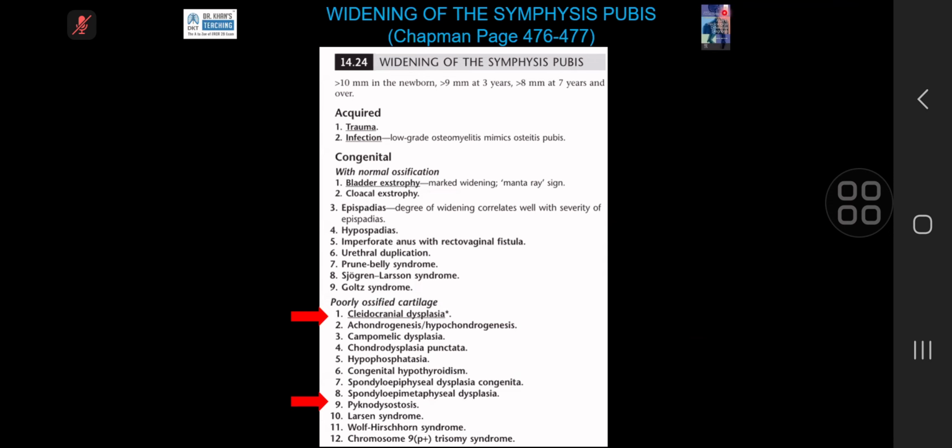This is also an important differential diagnosis. These are the measurements: at 7 years old, it decreases to 8 millimeters. Poorly ossified cartilage is the reason, and both pycnodysostosis and cleidocranial dysplasia will cause it.